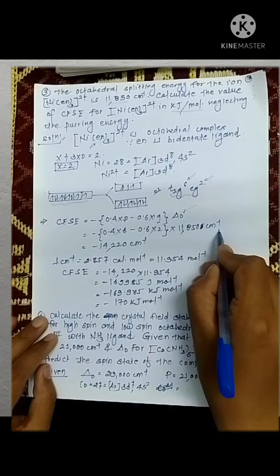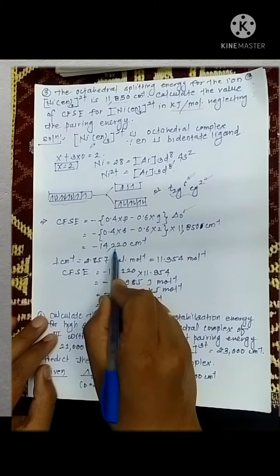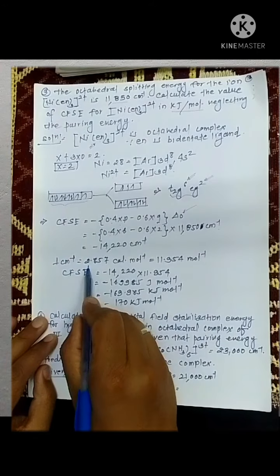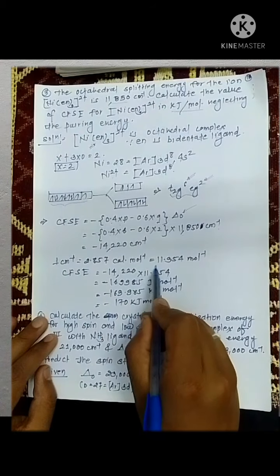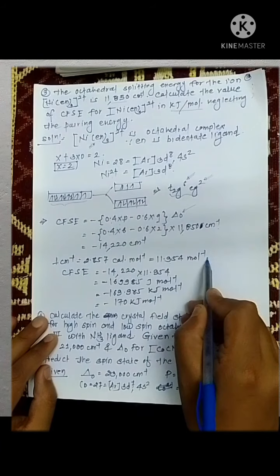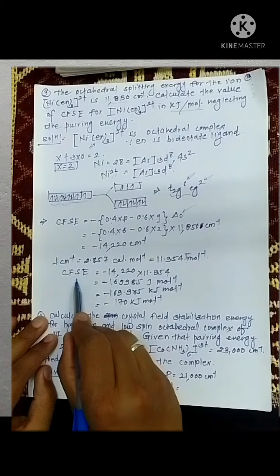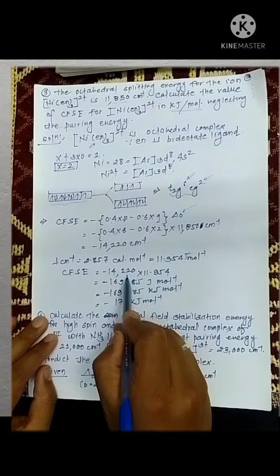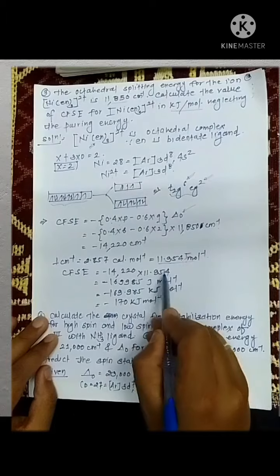11,850 centimeter inverse. When we solve this, we come up with the value minus 14,220 centimeter inverse. Now 1 centimeter inverse is equal to 2.857 calorie mole inverse, or that is equal to 11.954 joule mole inverse. So directly we are going to multiply this value minus 14,220 with 11.954.